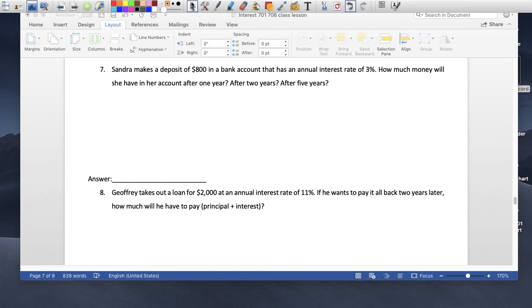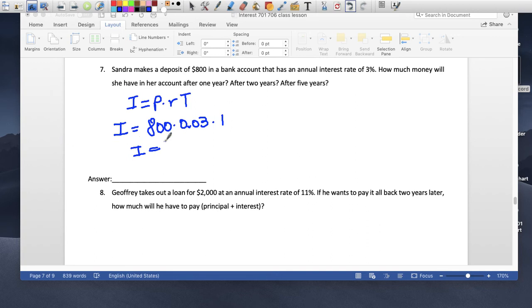Number 7, Sandra makes a deposit of $800 on an account that has an annual rate of 3%. How much money will she have after 1 year, 2 years, and 5 years? Okay, so I equals PRT. Let's find the interest. If you put in 800 bucks at a 0.03 interest rate for just 1 year, how much will the bank give you in interest?